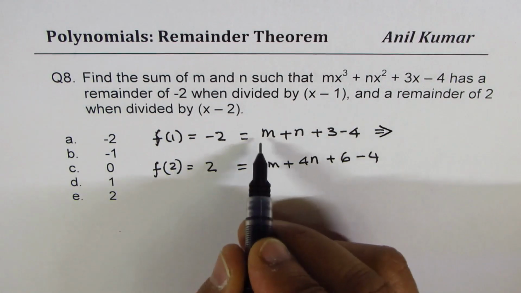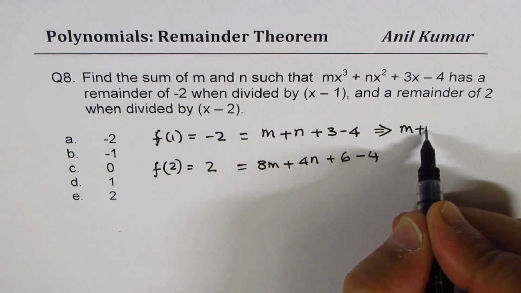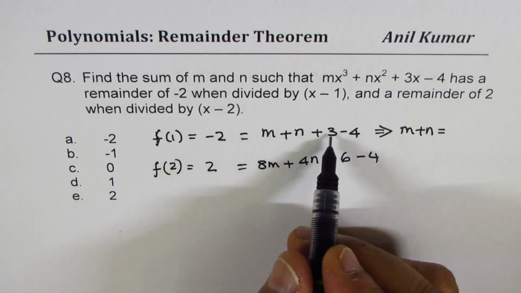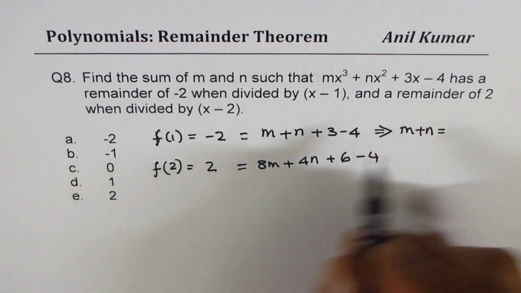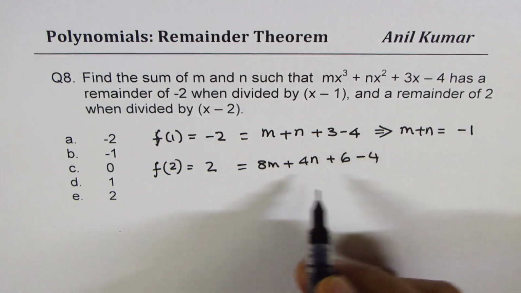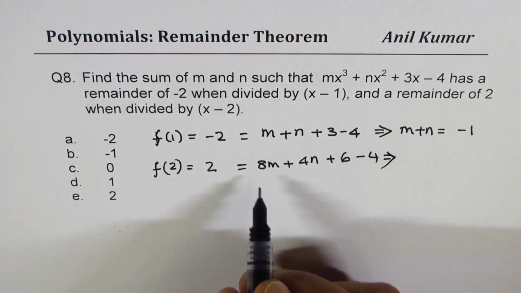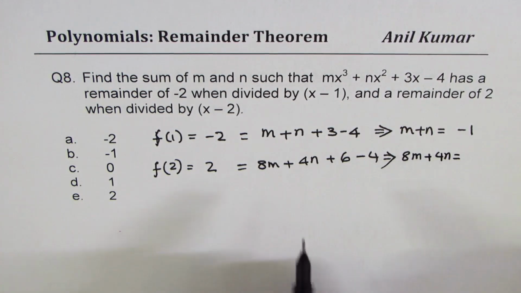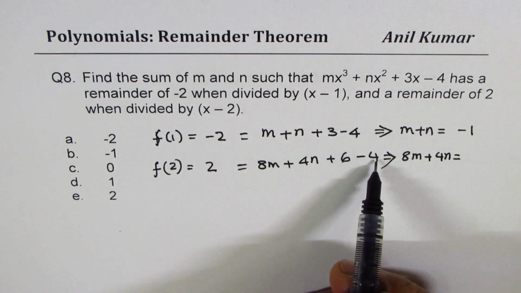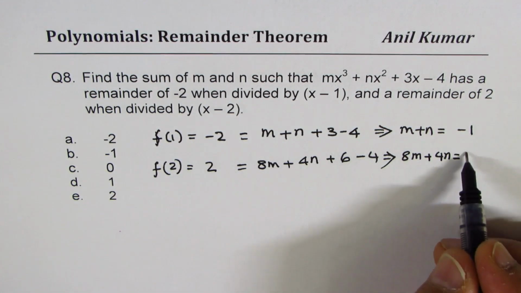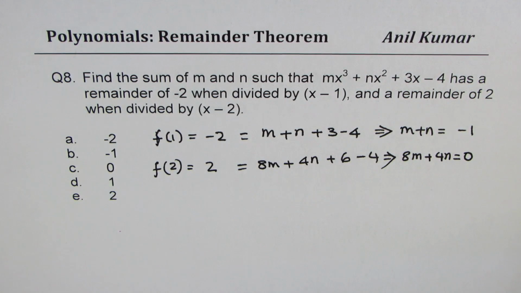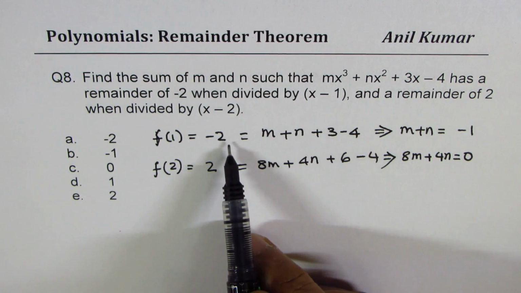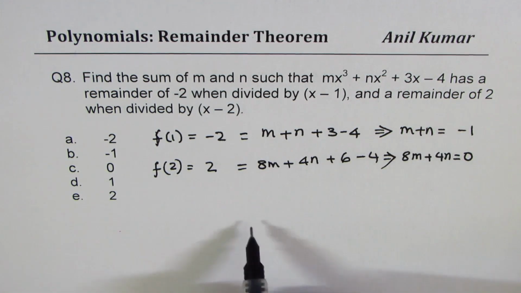So this gives you m plus n equals minus 2 minus 3, which is minus 5, and plus 4, which is minus 1, and that gives you 8m plus 4n equals 2 minus 2, which is 0, right? Okay, so 3 minus 4 is minus 1. When you take it on this side, it becomes plus 1. You got that. So we have two equations.